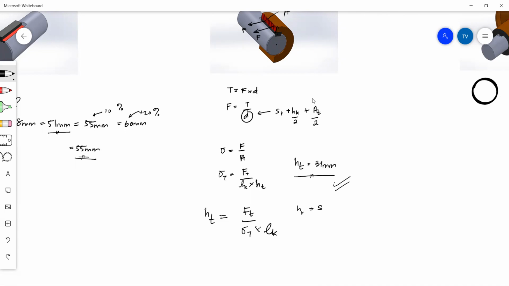Your hub radius is your shaft radius plus half key height, sorry, plus hub thickness. So hub diameter is hub radius times 2. That's how you get your hub diameter. And this hub diameter you will use in your flange equation as well as in your bolt analysis.